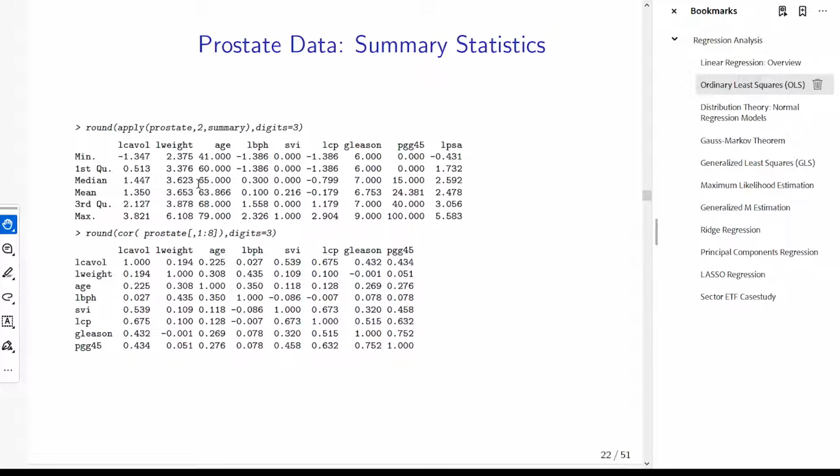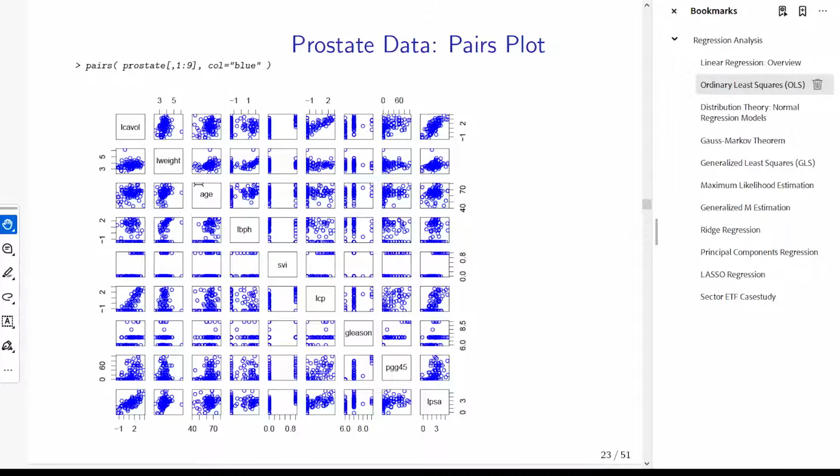With any data set, one can compute summary statistics, which help us detect whether there are issues with the data or not. There's this pairs function in R, which is quite convenient for displaying all of the data. If you look at this pairs plot, every pair of variables in the data set is plotted in a scatter plot.